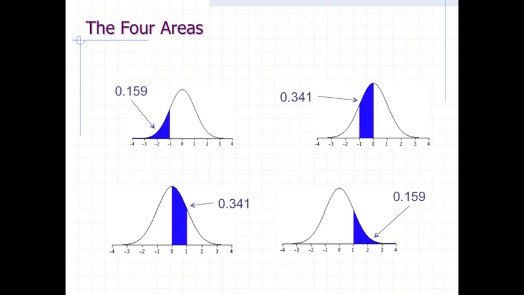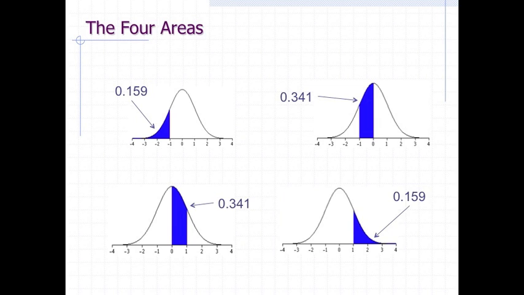From the normal distribution calculator, we can compute that 0.159 of the distribution is below a standard score of -1 and 0.341 is between -1 and 0. Since the distribution is symmetric, 0.341 of the scores are between 0 and 1 and 0.159 of the scores are above 1.